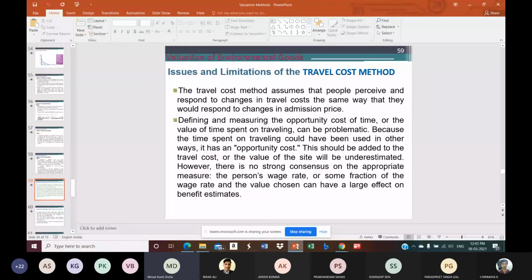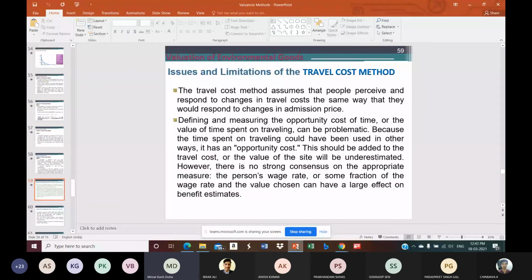What should be considered as a proxy for opportunity cost of time taken for travel, whether it should be the wage rate or a fraction of the wage rate? Because whatever value you choose, for example, if you take the wage rate of the person as a proxy to the opportunity cost of time, if it is a higher value, that amount might have a large effect on benefit estimates.